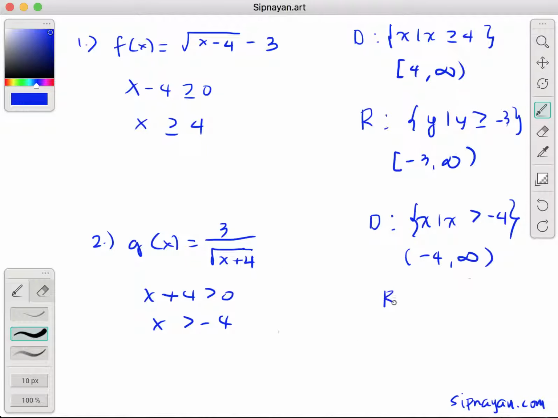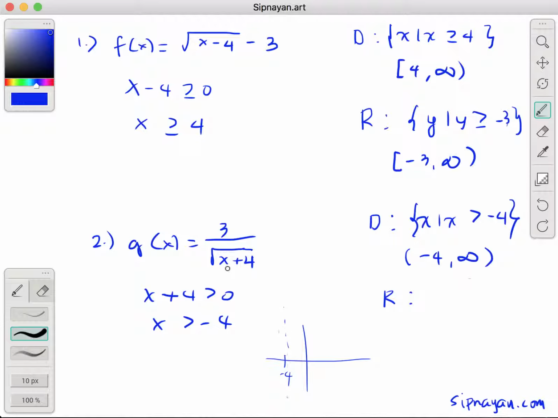Next, range. Medyo mahirap ang range nito, no? Hindi pwede na maging negative 4 yung ating x, no? Ibig sabihin, wala tayong graph dito sa x equals negative 4.